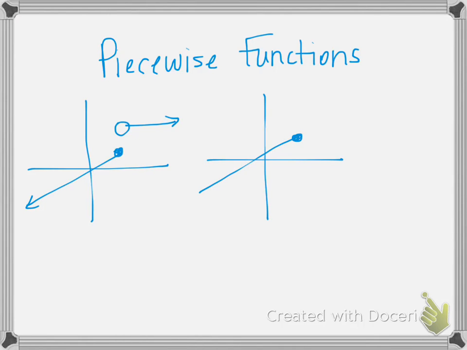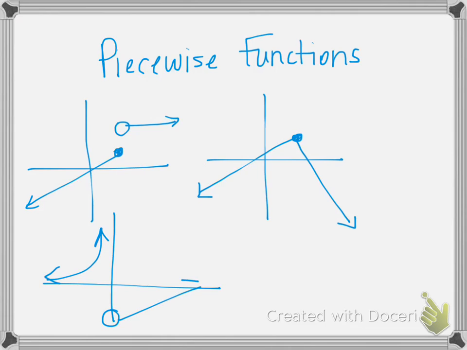It might look something like this and then happen to connect. It could have more than one piece. It could have three pieces. Those are basically piecewise functions.